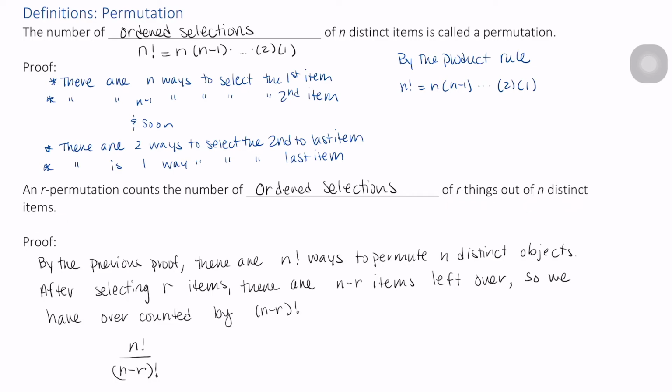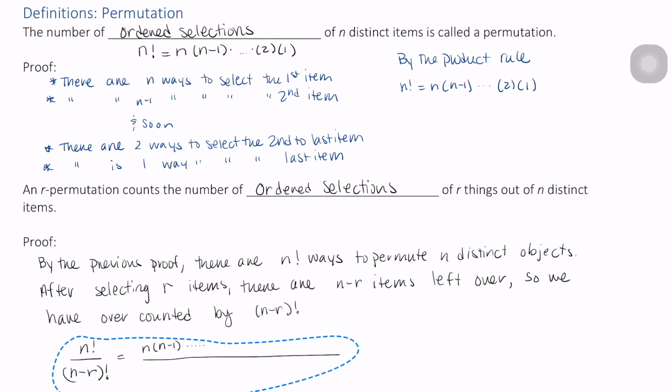We can further simplify this by writing this out as n times n minus 1. And I'm not going to finish my numerator quite yet until we get to the denominator, and you'll see why in a second.